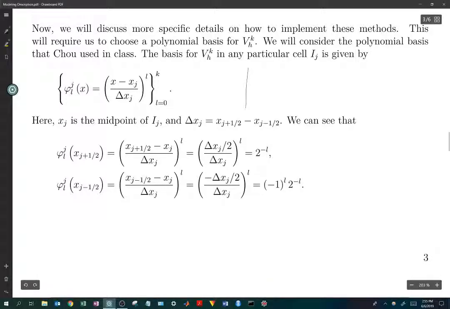I believe what they look like is, if this is your interval I1 and this is your y-axis, and of course this is going to be 0, then your constant function looks like this, your linear function looks like this.